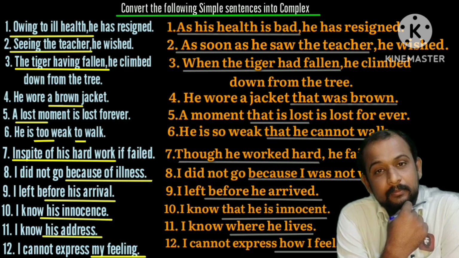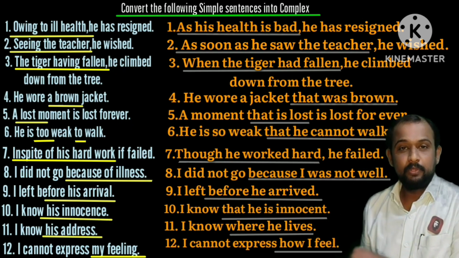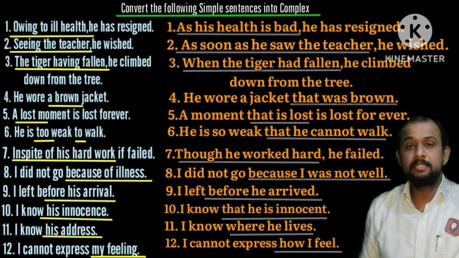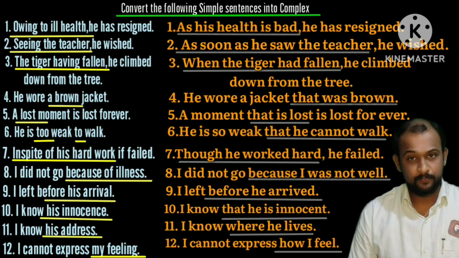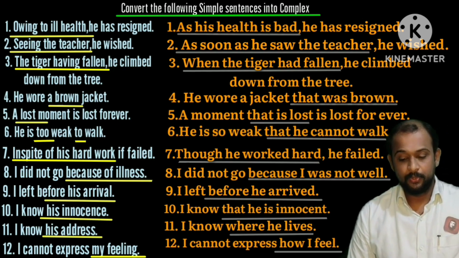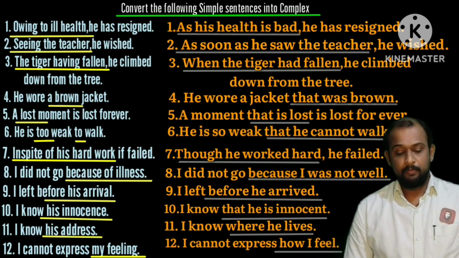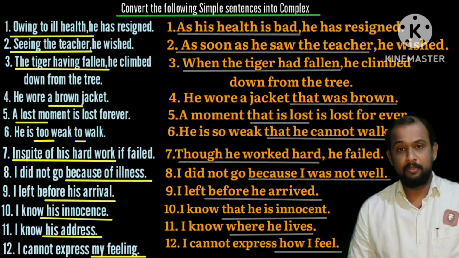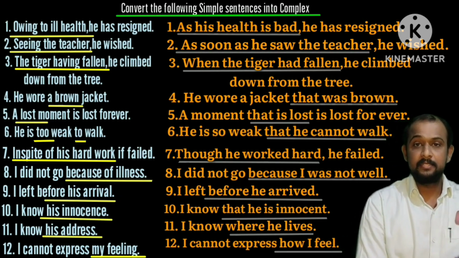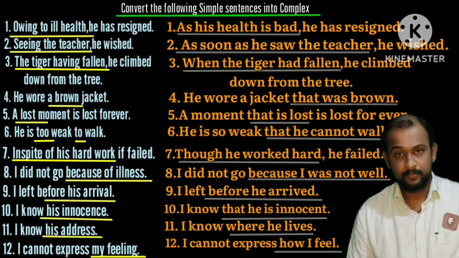That's all. So in this way, we have converted all the simple sentences into complex sentences. Please practice these examples. By learning only these examples, you cannot get a complete grip on conversion of simple sentences into complex sentences.